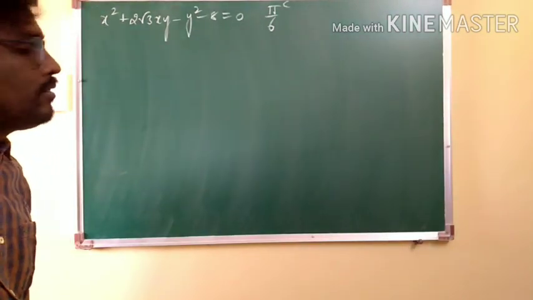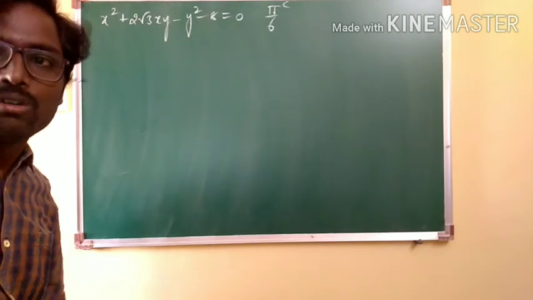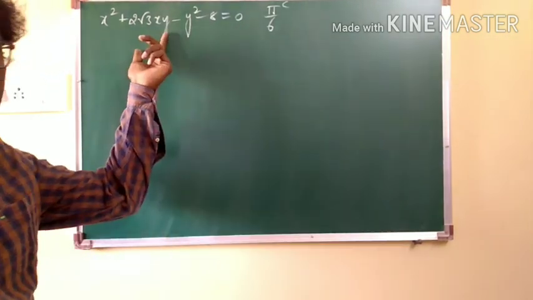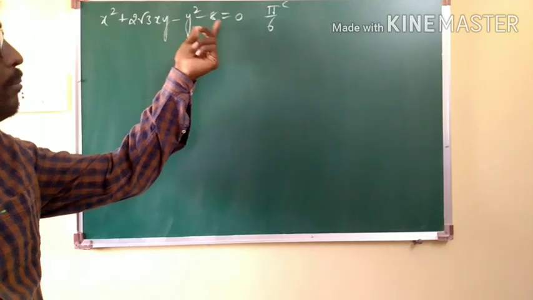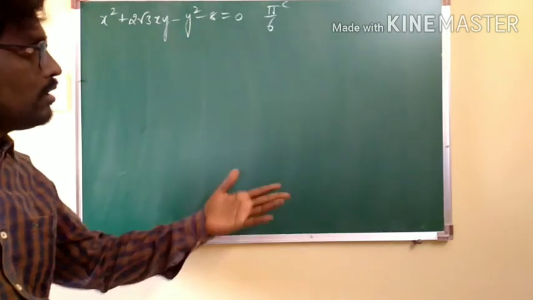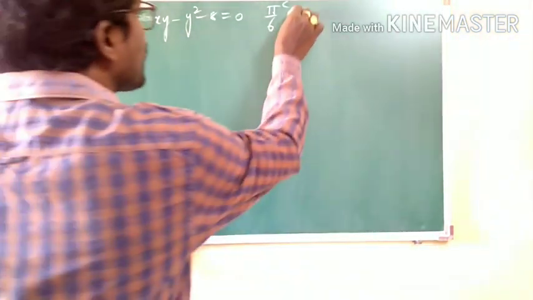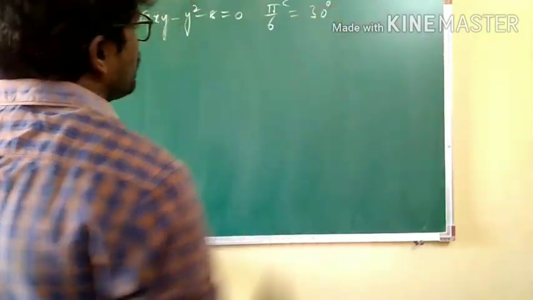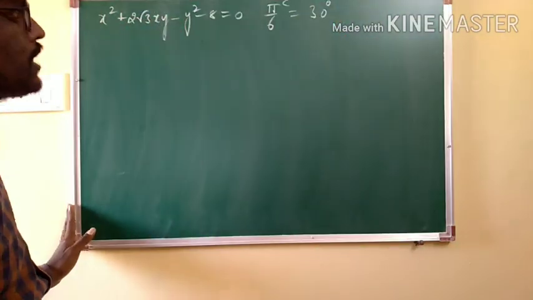What is given? The given equation is in the old system. Through pi by 6 radians, that is 180 by 6, equal to 30 degrees. Then what is the changed equation in the new system?